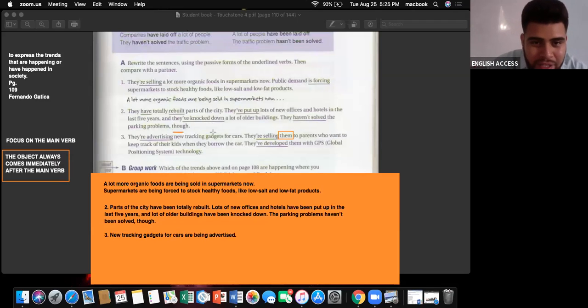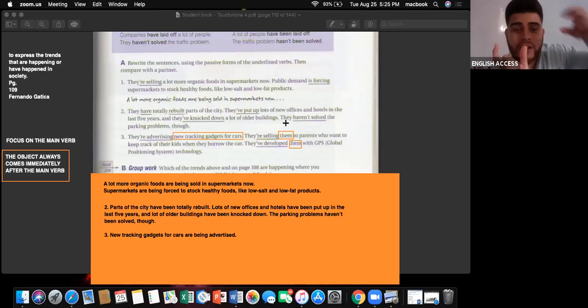And over here, the object is new tracking devices for cars. And over here again, them. So it's always immediately after. Sometimes it is 1 word, or sometimes it is many words that describe that 1 word. For example, new tracking gadgets, the main one is gadgets, but new and tracking describe the type of gadget, and for cars describes what the gadget is for. So all of those words complement gadget, and gadget is the object. In this case, them is the object.